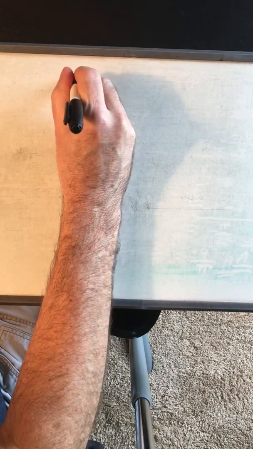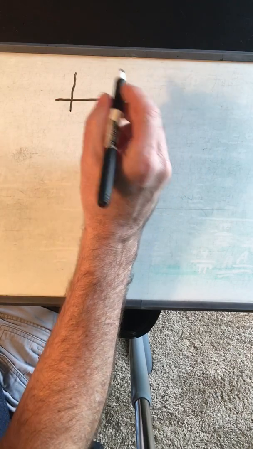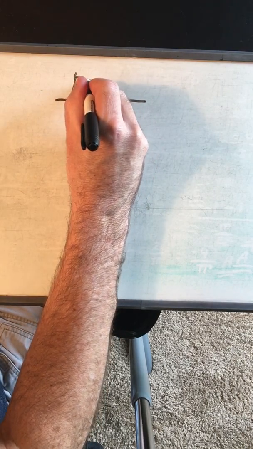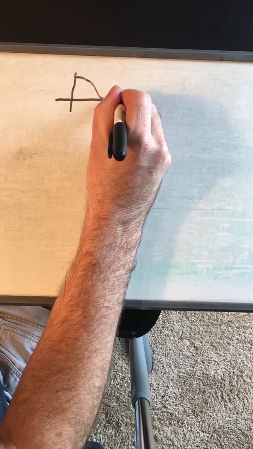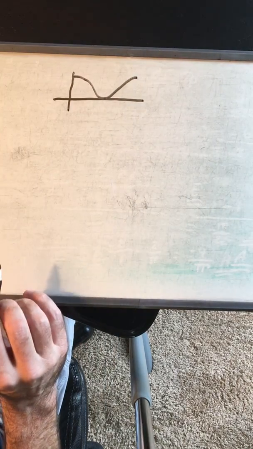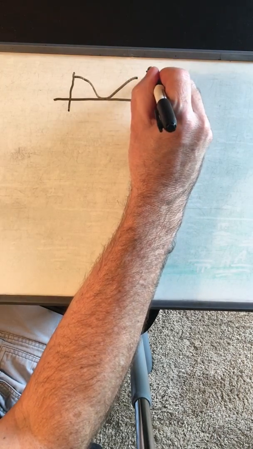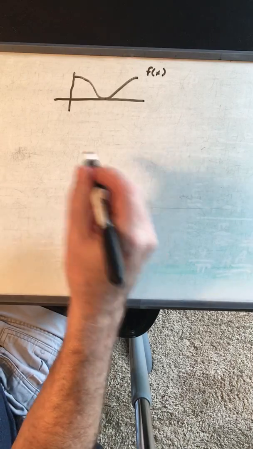All right, 14. If you know what you're doing, it's a really easy and quick one. They give you an original function f of x that looks like this. They're saying, okay, which of those options is the graph of the derivative? Well, the graph of the derivative is just slope.